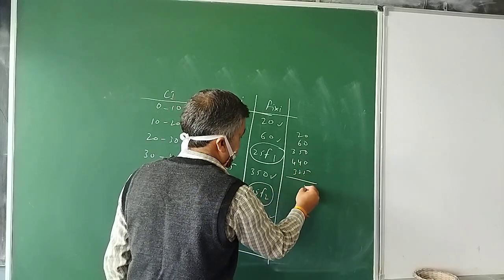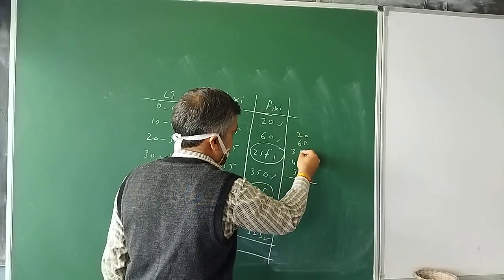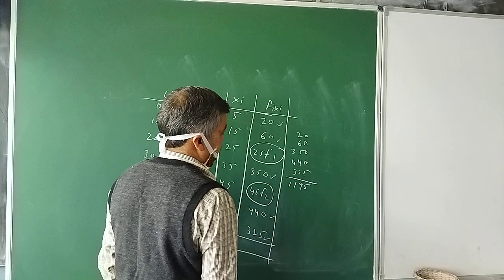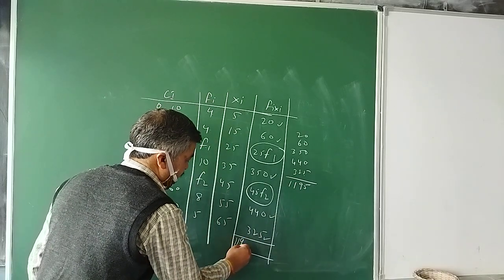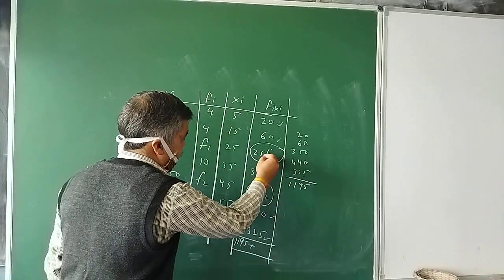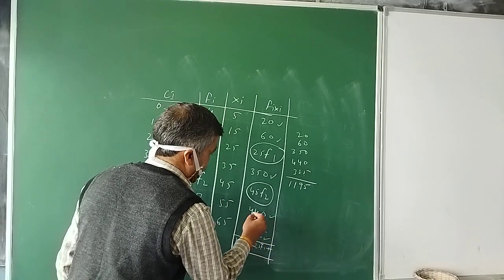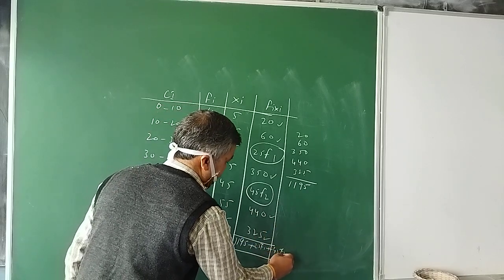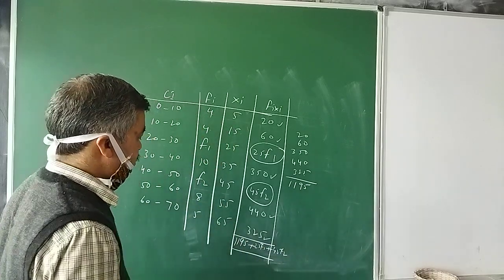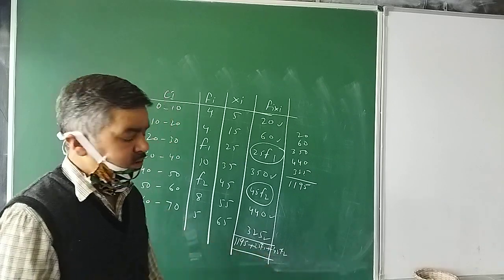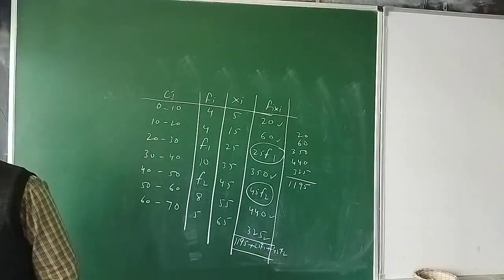So you will be getting 1195 plus 25 F1 plus 45 F2.